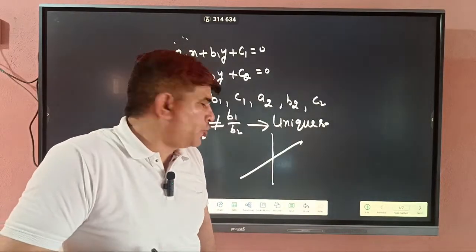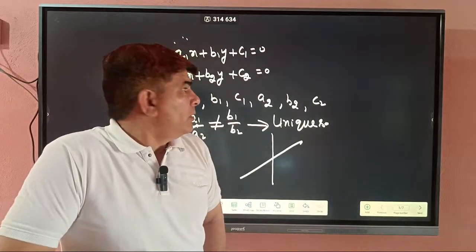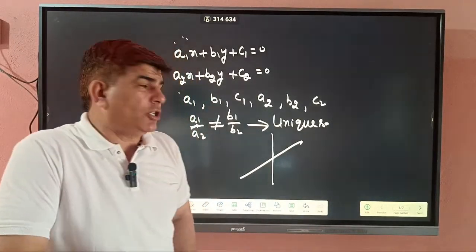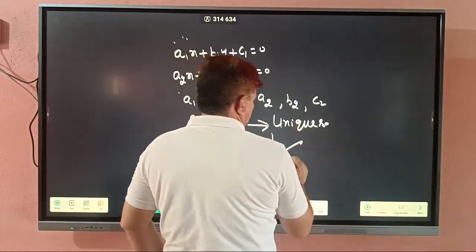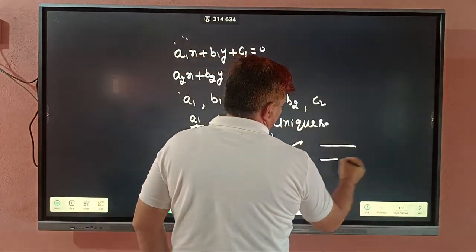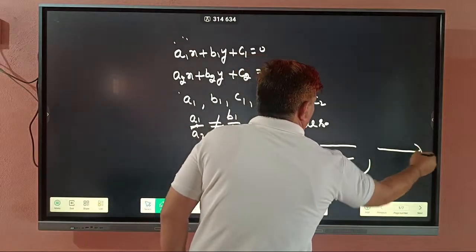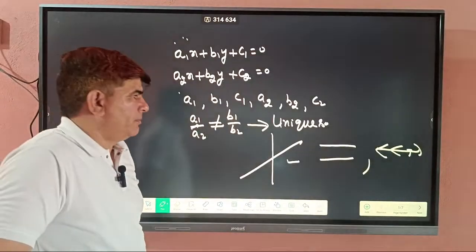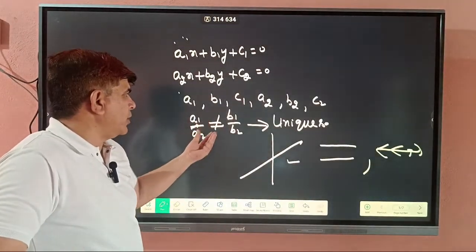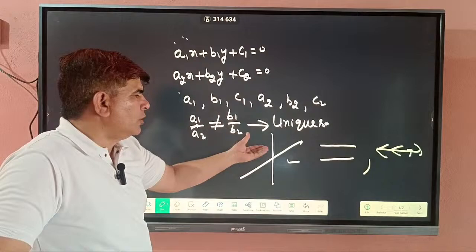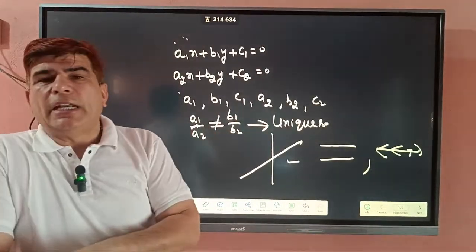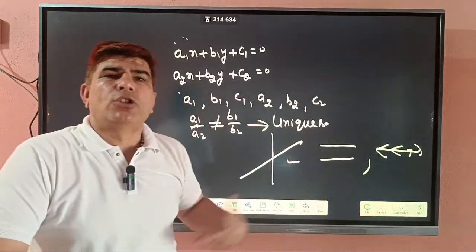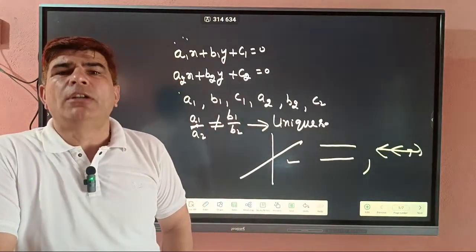If you have two linear equations, then three cases arise. First case, intersect. Second case, parallel. Third case, one line lies on the other line. So if a1 by a2 is not equal to b1 by b2, the straight lines intersect at one point, and that is the solution of that pair of linear equations in two variables.